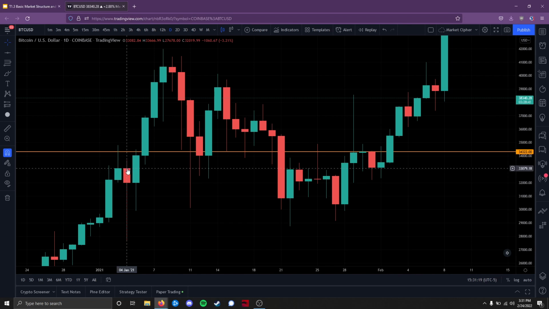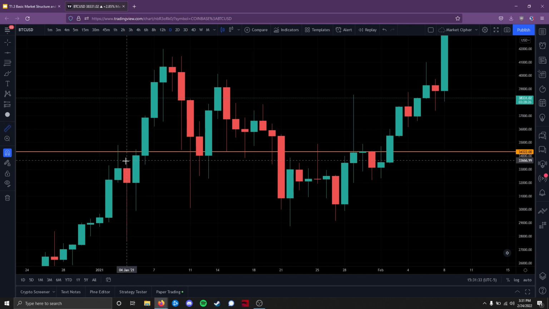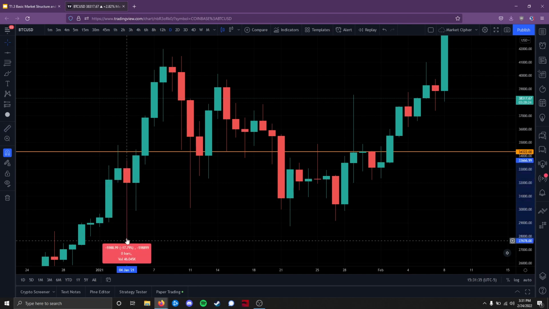and the next candle we see price tried to rise a little bit again after the open, but ultimately fell a significant amount. This is a pretty big range on this candle, from a high of $33,666 to a low of $27,667. So from the high to the low, that's about a 17%, 18% change just in one day, just in 24 hours.